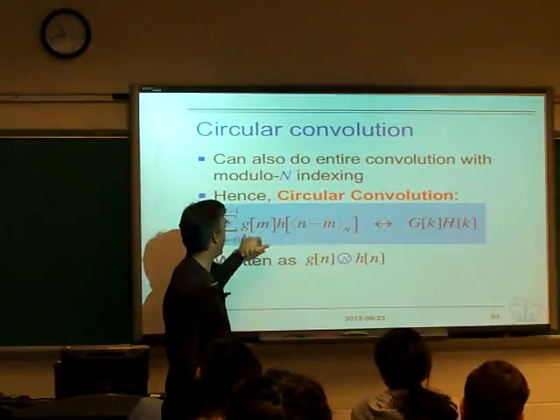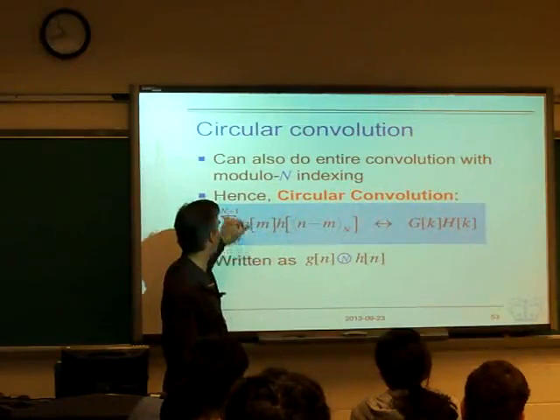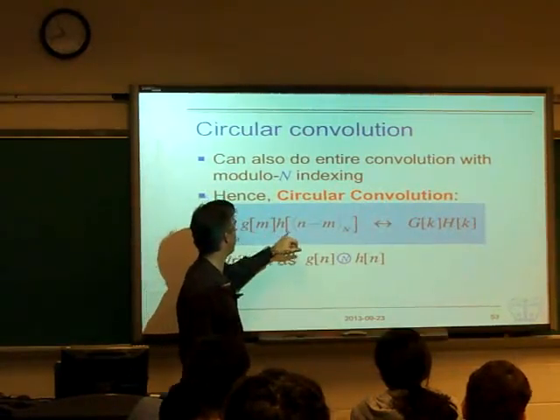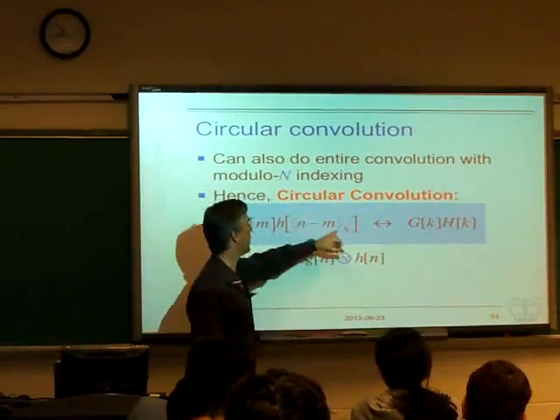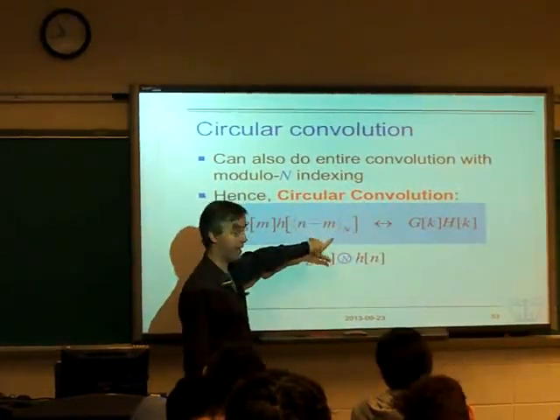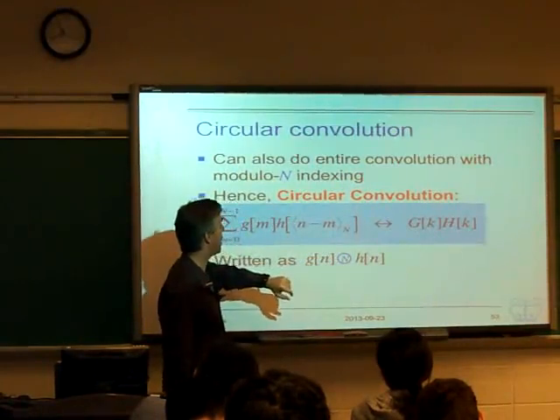This is okay, because we're only ever going to access g of m for m from 0 to n minus 1. But here, h of n minus m, we have to make this modulo n so that it stays within the 0 to n minus 1 range.